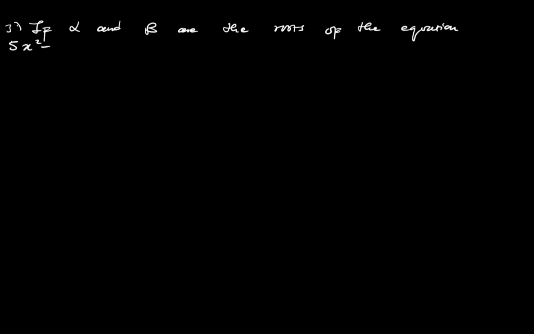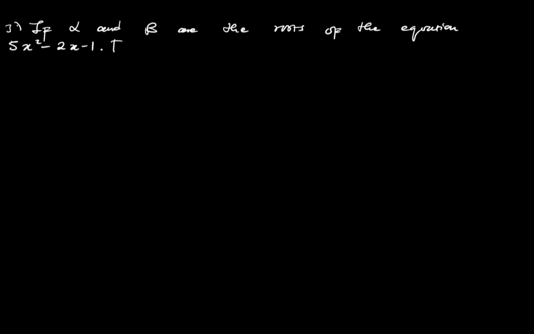Call it 3. So let's say if alpha and beta are the roots of the equation, 5x squared minus 2x minus 1.